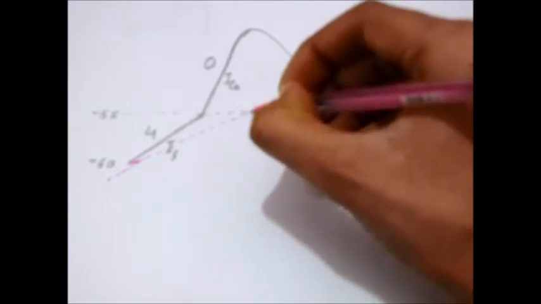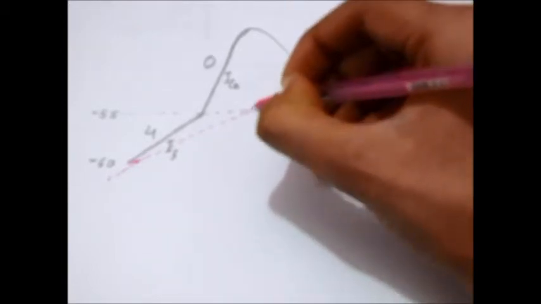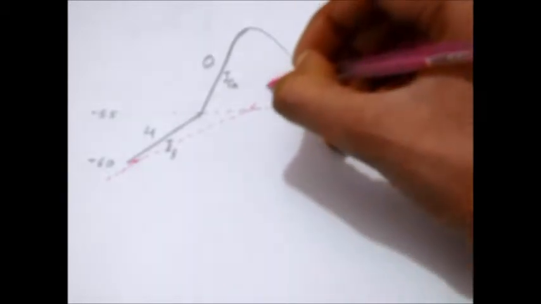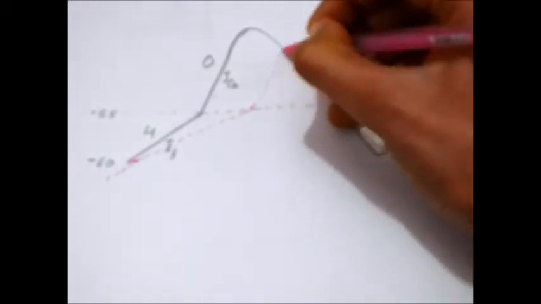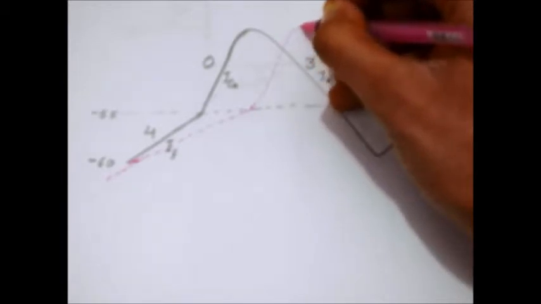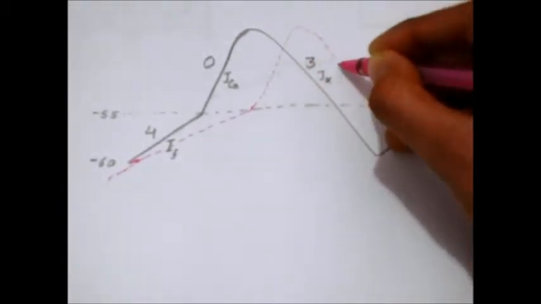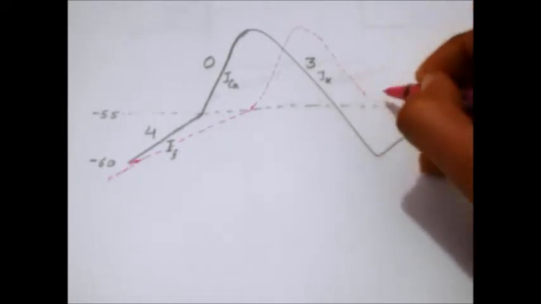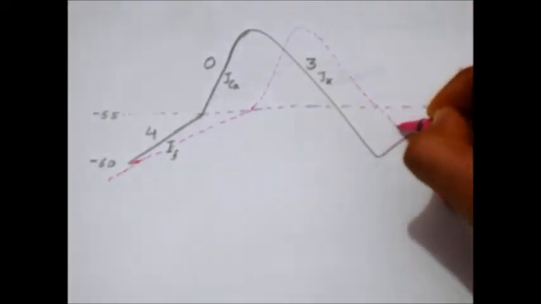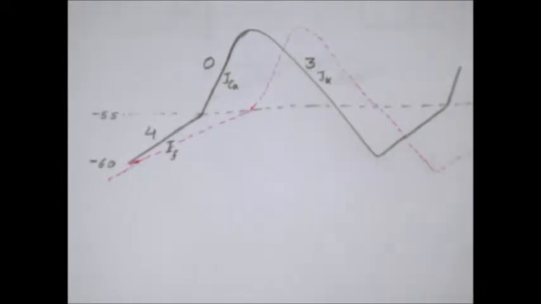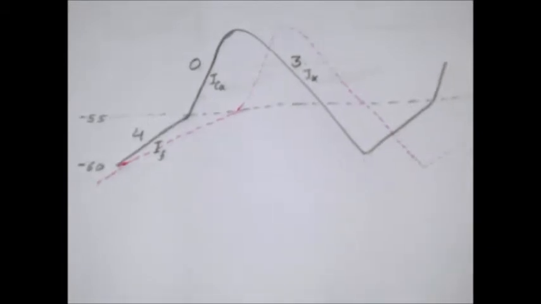Altogether, these three mechanisms will lead to increased time to reach threshold potential, and this will decrease the heart rate. Something like this.